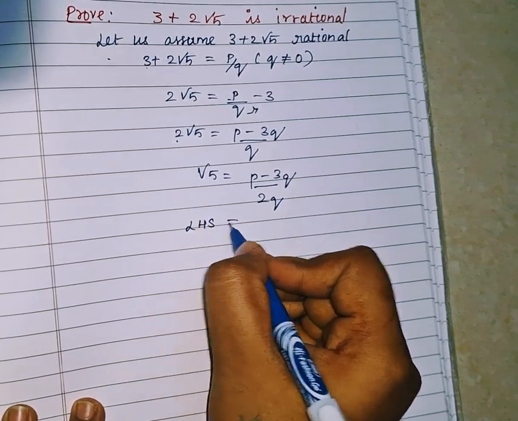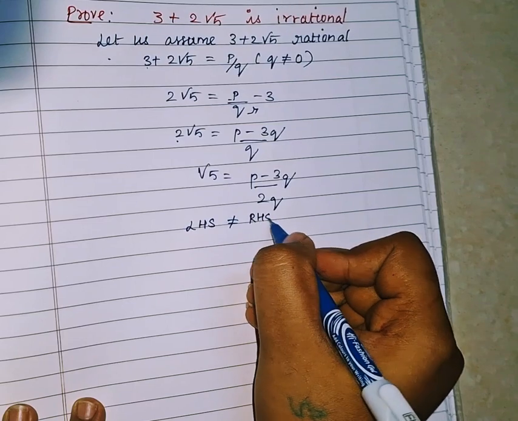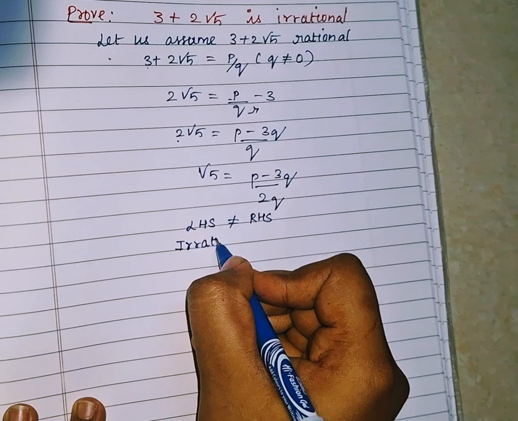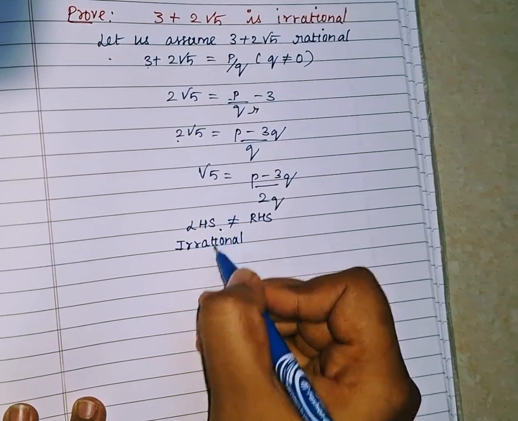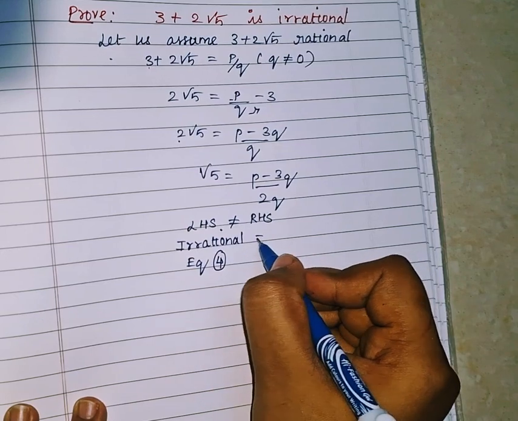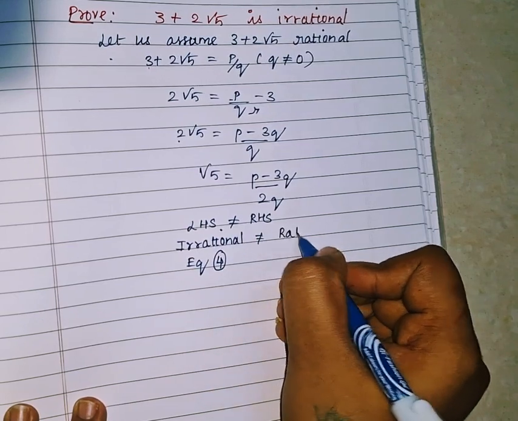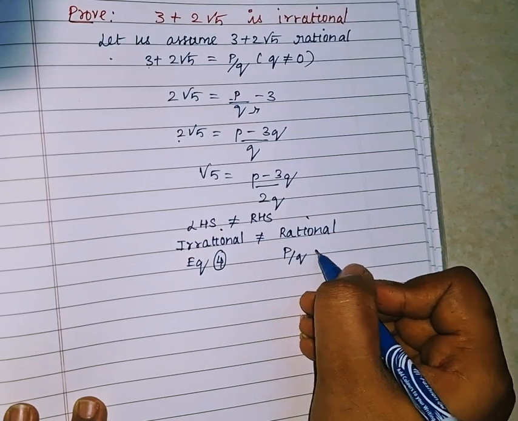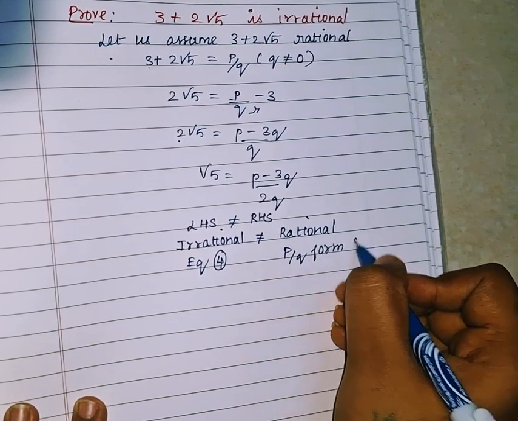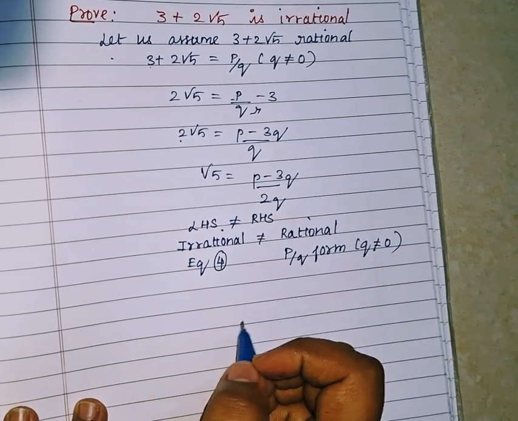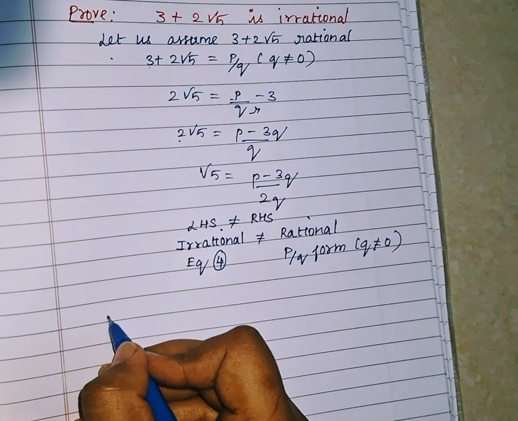LHS is not equal to RHS as LHS is irrational, which we proved in equation 4, and RHS is rational as it exists in p by q form where q is not equal to 0. So LHS is not equal to RHS.